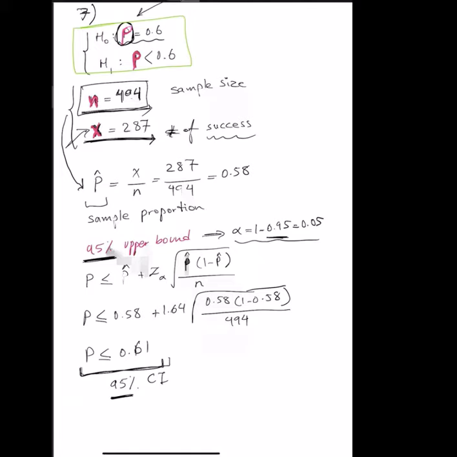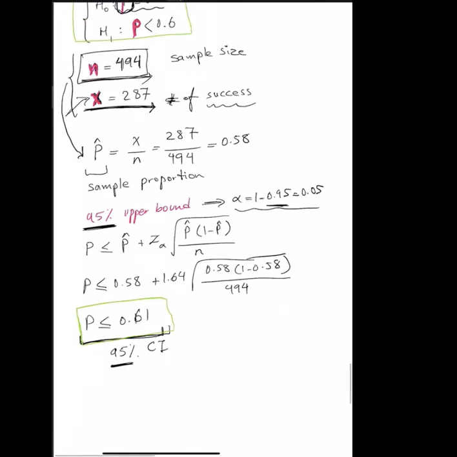We reject? I'm 95% confident that the proportion is less than 0.61, so fail to reject. The null value is 0.6, and 0.6 is in this interval. So we fail to reject.